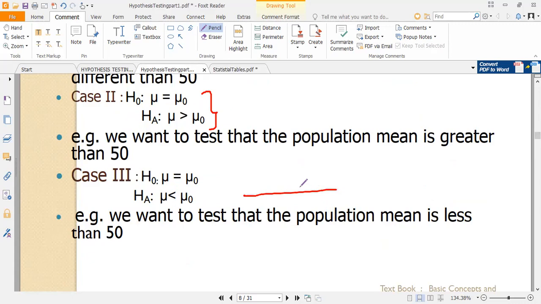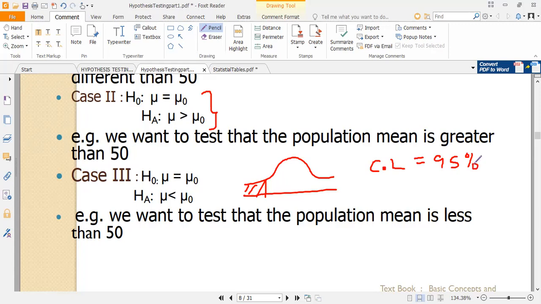This is a single-tailed test, which will look like this. And if you're given a confidence level of 95%, our Z in that case will be 1.645 because of this table that I've just given you.